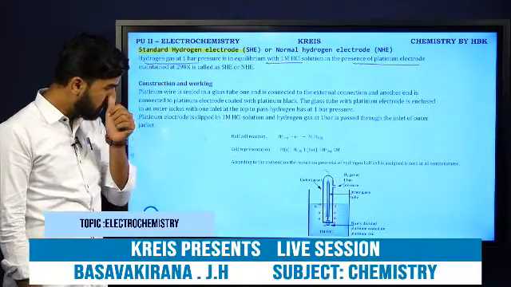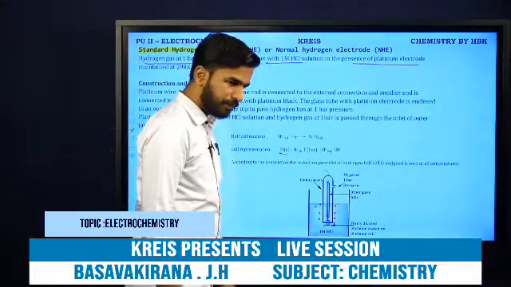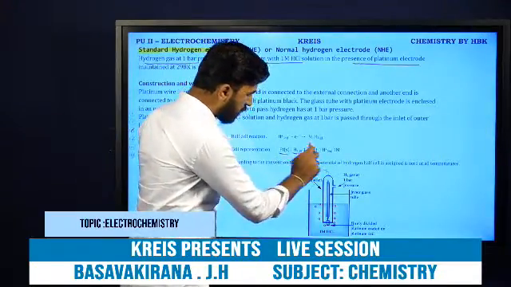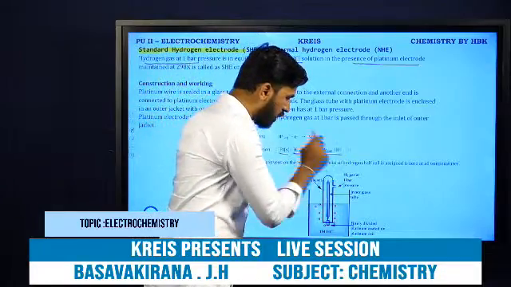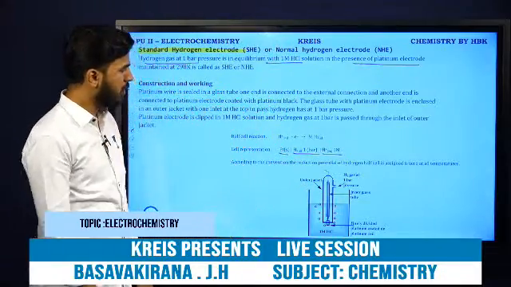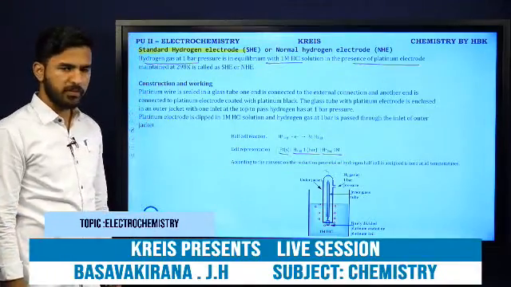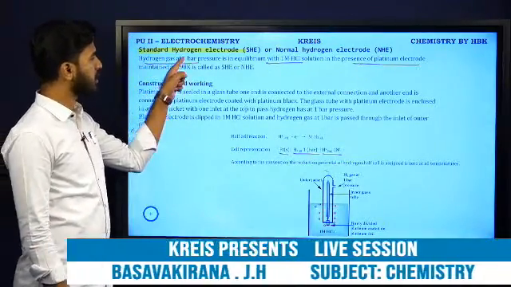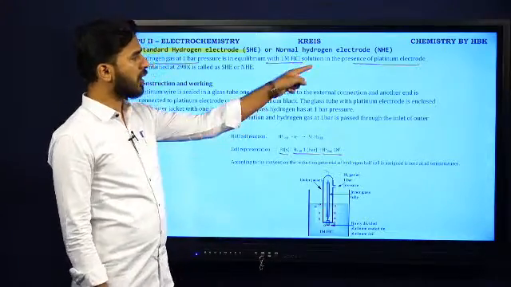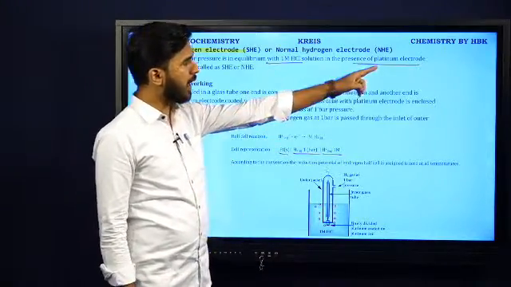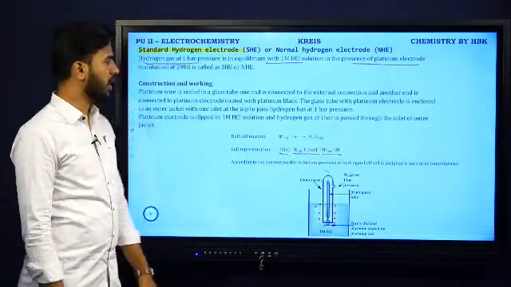I am saying the complete definition with the simple cell representation: a platinum electrode which is present in 1 bar hydrogen gas and which is in contact with 1 molar HCl solution. An electrode in which hydrogen gas is at 1 bar pressure and is in equilibrium with 1 molar HCl solution on a platinum electrode is nothing but standard hydrogen electrode.